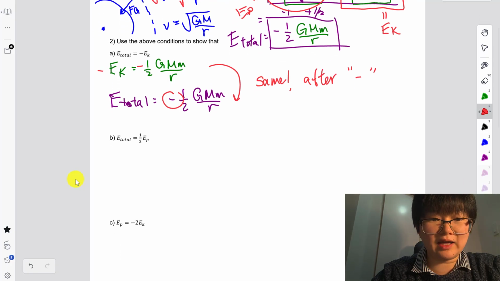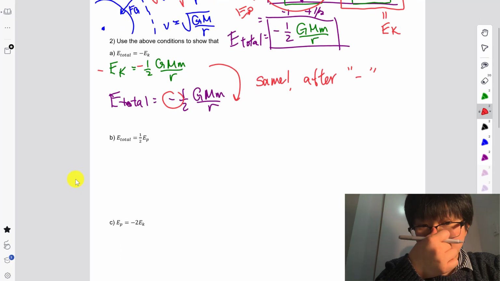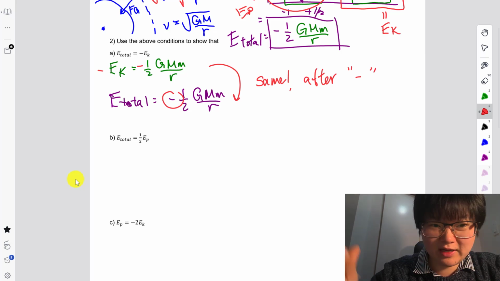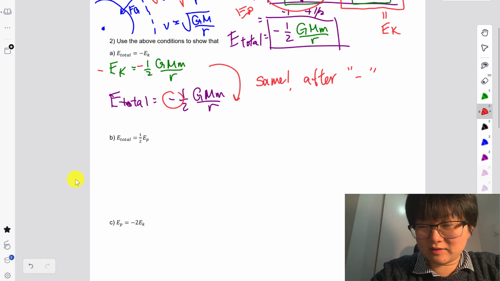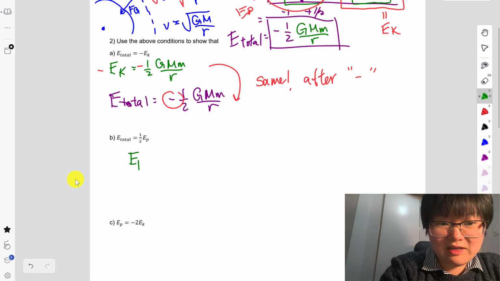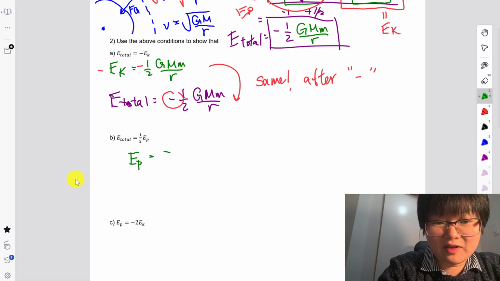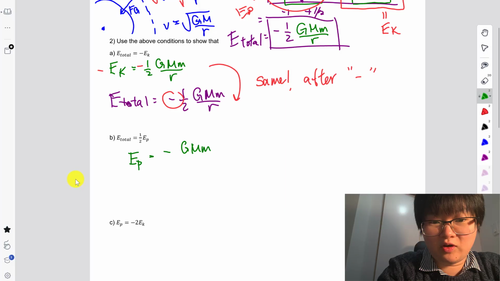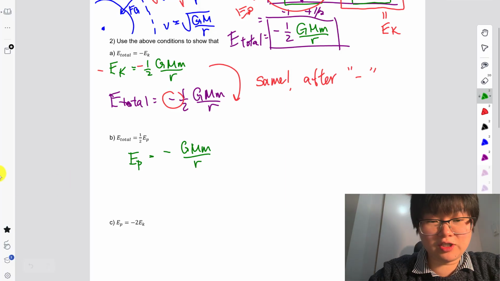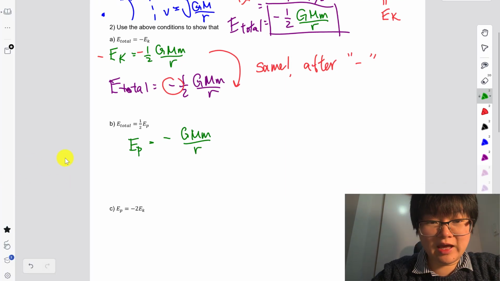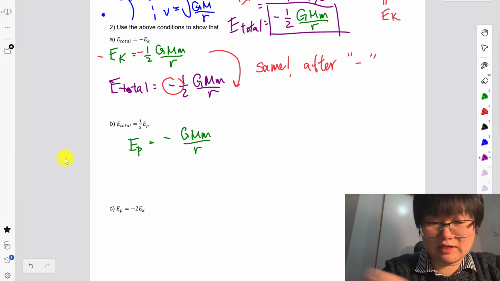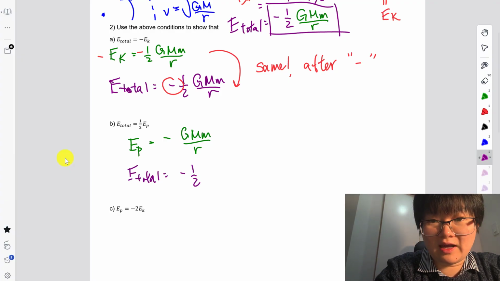Well, let's take a look at the next one, B. I probably should write this a little bit better here. Let's start off with EP. EP is negative big G, big M, small m over r from your formula sheet, and E total is negative 1/2 big G, big M, small m over r, exactly the same thing.